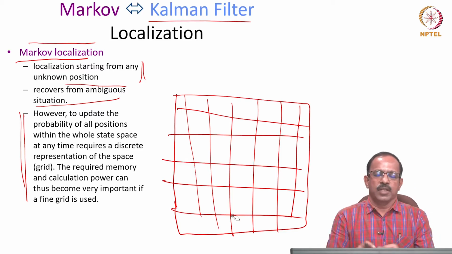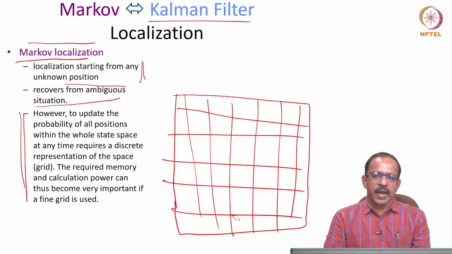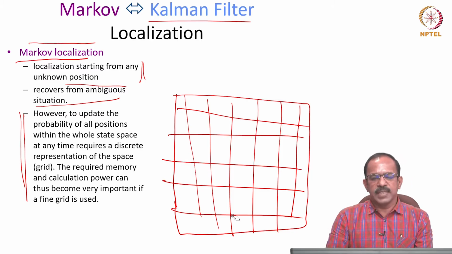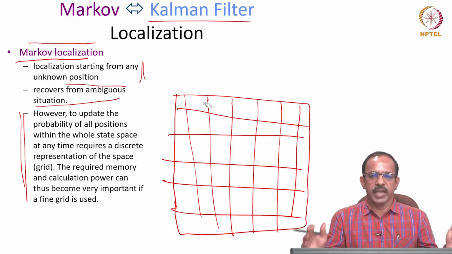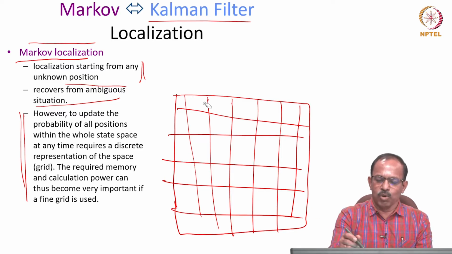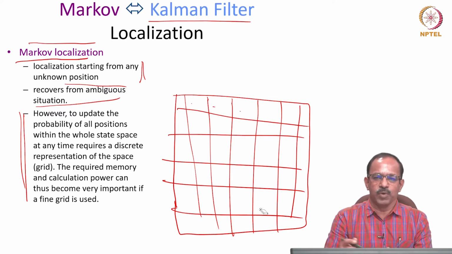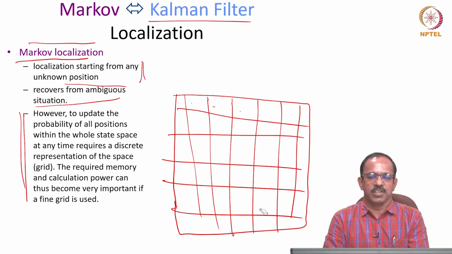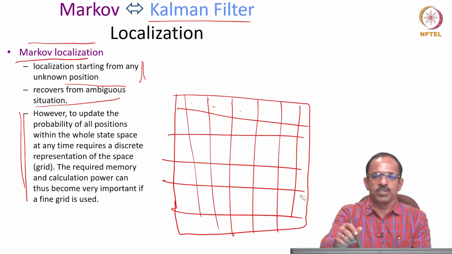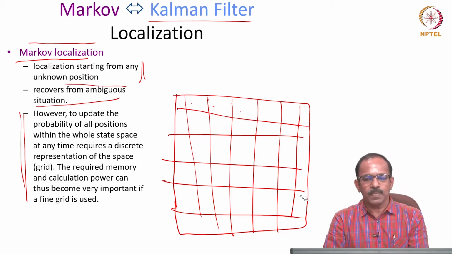Okay, you can have any number of grids, and then say that the probability that the robot is in any grid is equal in the beginning. That is, the robot could be here, here, here, or anywhere. So, it is an equal probability. Suppose there are 100 grids, we will say the probability is 0.01, and the total probability will be 1. So, you will say that it is 0.01 in all the grids.